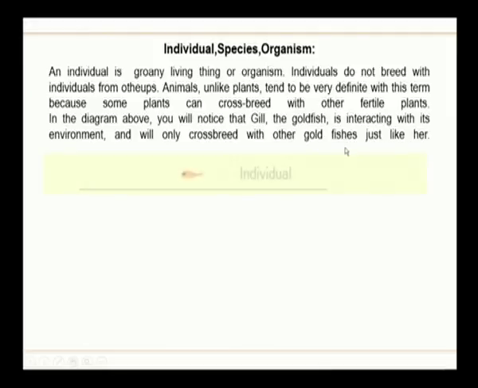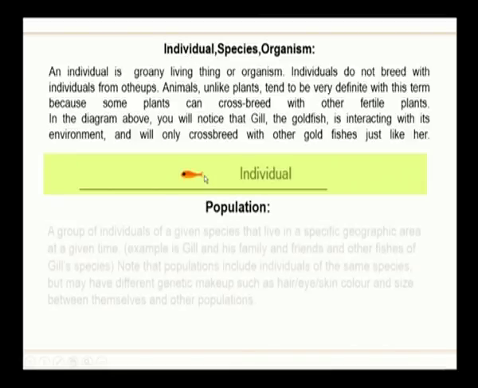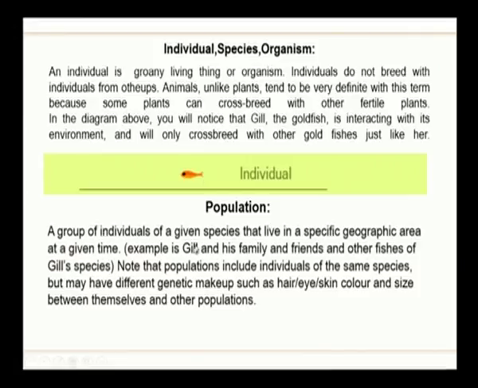So, in this picture, there is one fish which can interact or crossbreed with the same kind of fish, again a goldfish, and this forms an individual ecosystem.